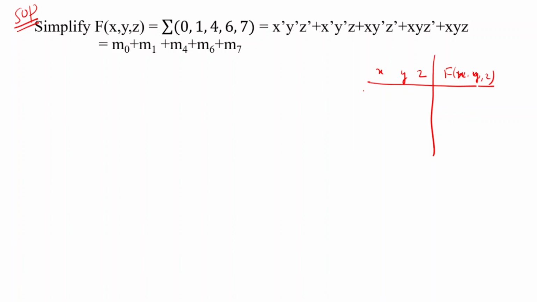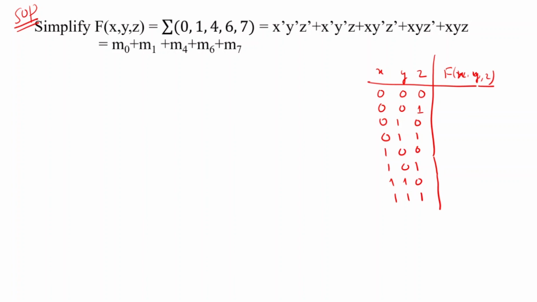Since the function contains 3 input variables, the possible combinations are 8, starting from 0 0 0, when all the inputs are 0, then 0 0 1, similarly 0 1 0, 0 1 1, 1 0 0, 1 0 1, 1 1 0 and 1 1 1. These are the 8 possible input combinations.